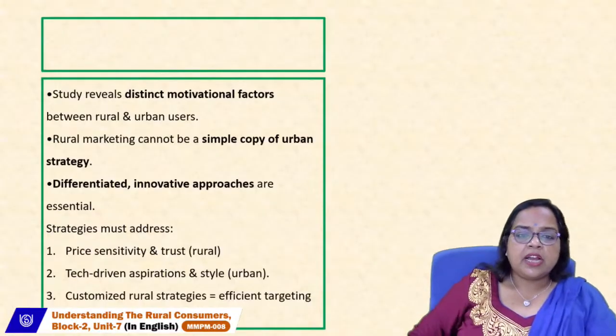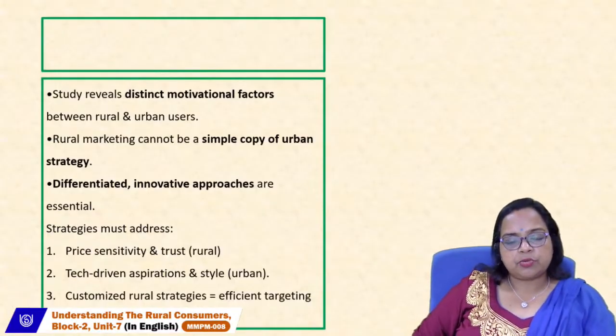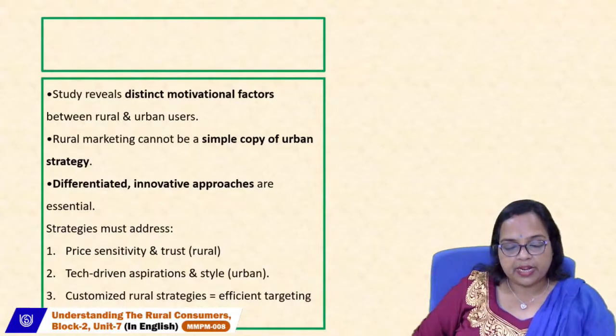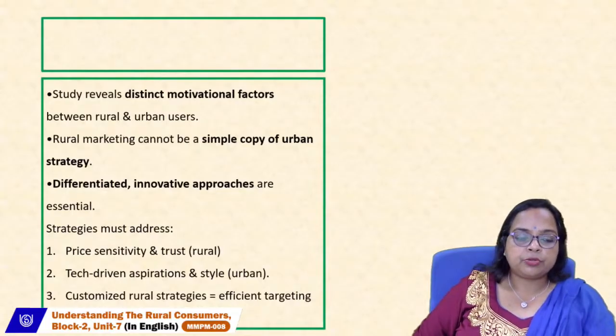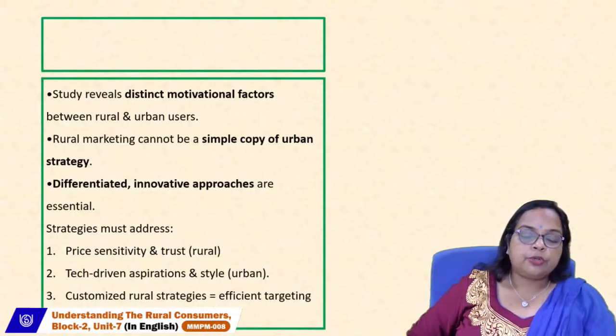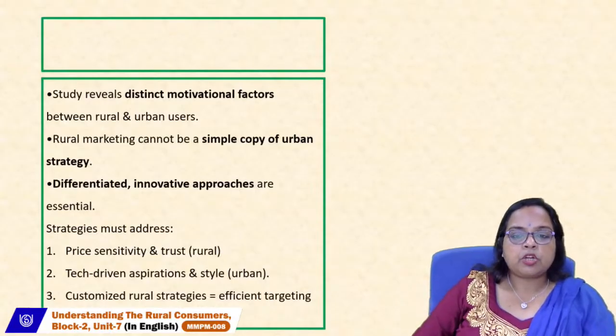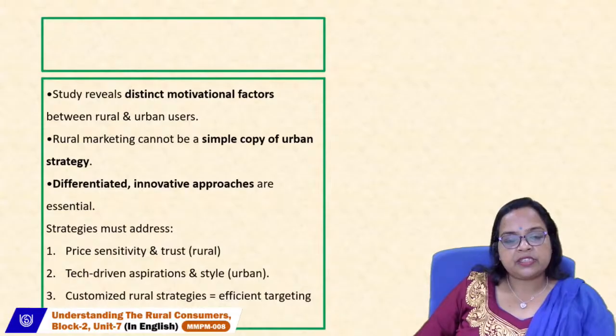This study reveals distinct motivational factors in mobile handset buying behavior between rural and urban users. Rural marketing cannot be a simple copy of urban strategy. That is the basic understanding.